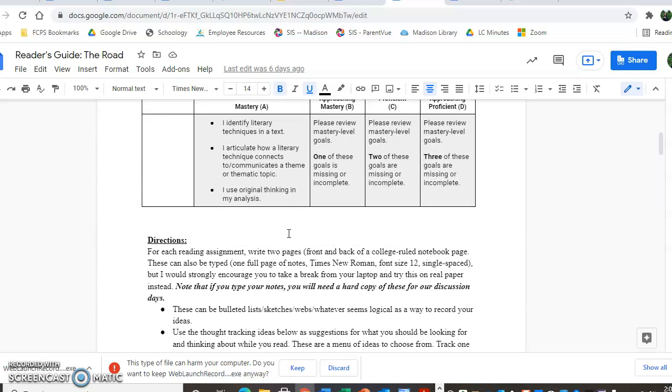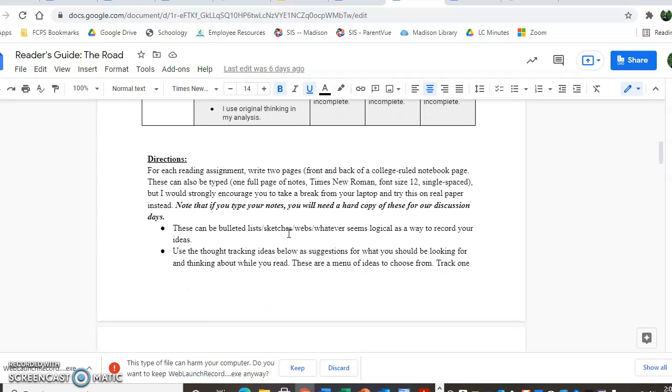So, a breakdown of the directions. You can type your notes if you want. If you do, there's a rundown within the directions of how you should set up the font and the size. If you want to handwrite the notes, most students end up handwriting, and it doesn't matter either way. But I ask that it's a college ruled notebook.